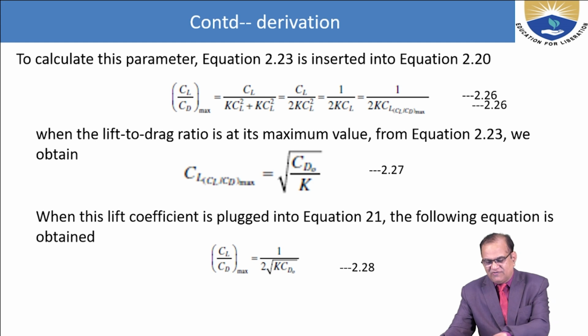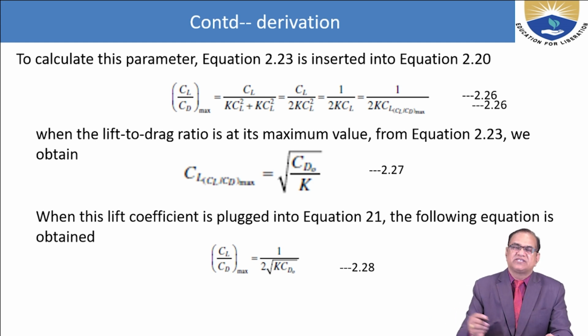Now, further we will see the derivation of this. To calculate this parameter, equation 2.23 is inserted into equation 2.20. So here we can write CL by CD maximum: CL by K CL square plus CD naught, which is equal to K CL square. So here we will get CL by K CL square plus K CL square, which is 2 K CL square.